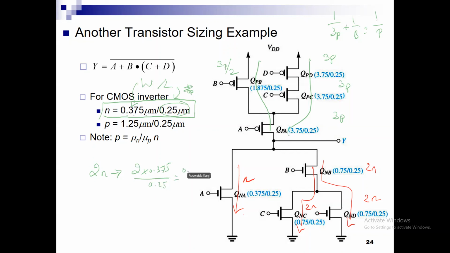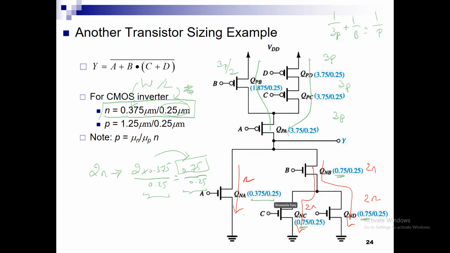So this is going to be 0.75 over 0.25, because we do not change the L. I just act on the W. So this is 0.75 over 0.25, 0.75 over 0.25, this is the same. And then this is N, so it remains the same.